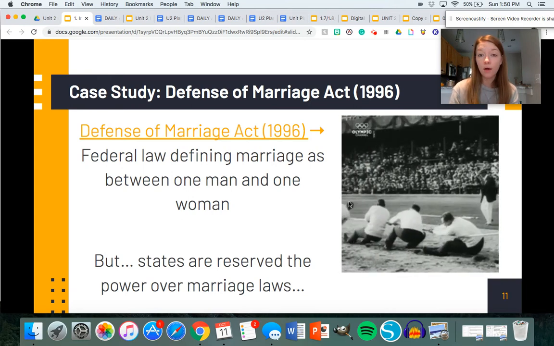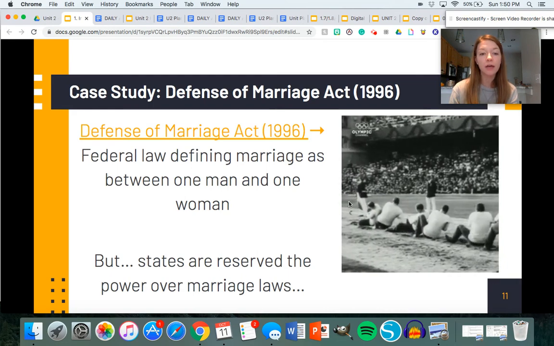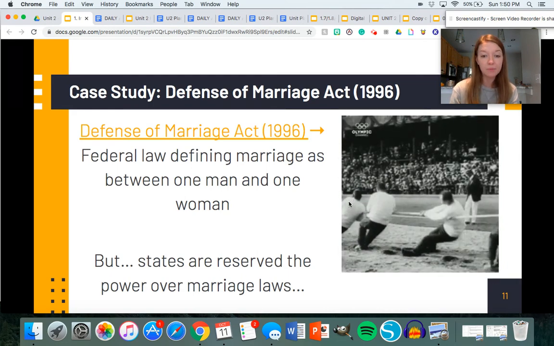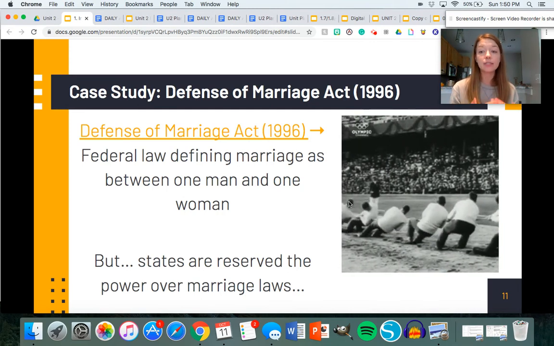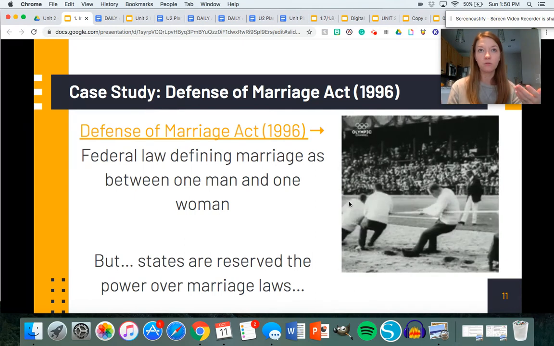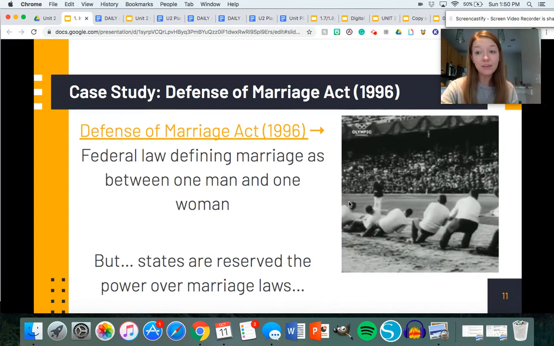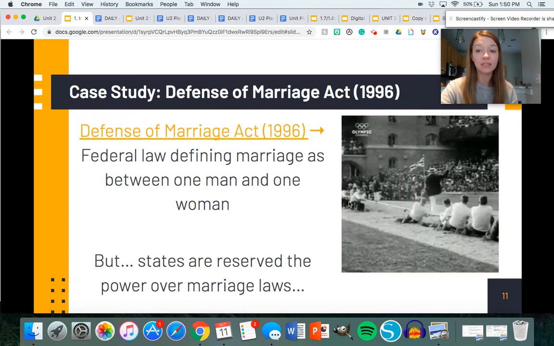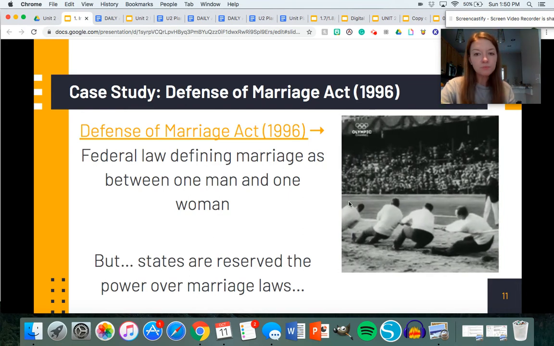And this was a federal law that defined marriage as between one man and one woman. Now, that's a federal law. But you have to remember now that states, as we just talked about, are reserved the power over defining marriage and moral laws. So this definitely created a lot of conflict and tension up until it was finally resolved in 2015.